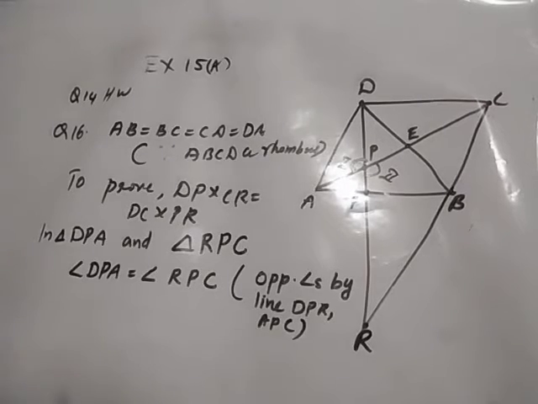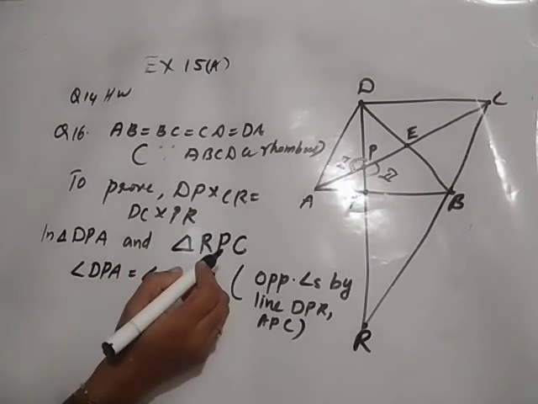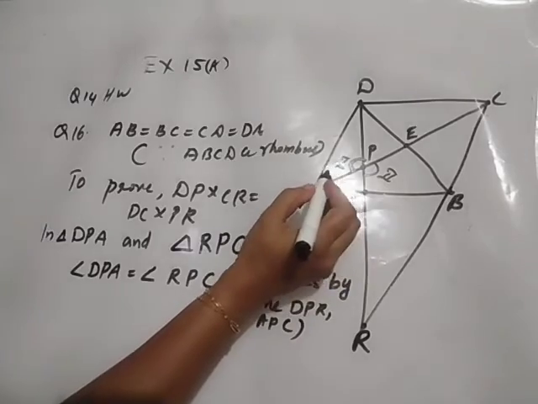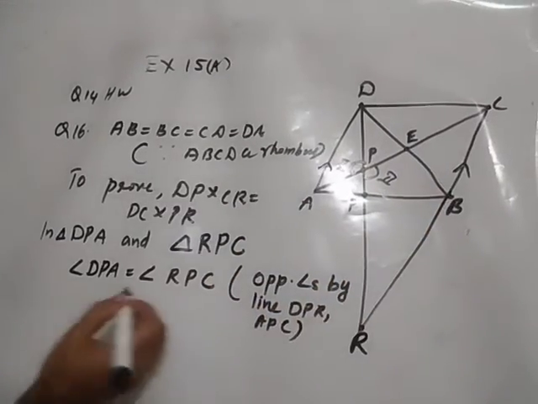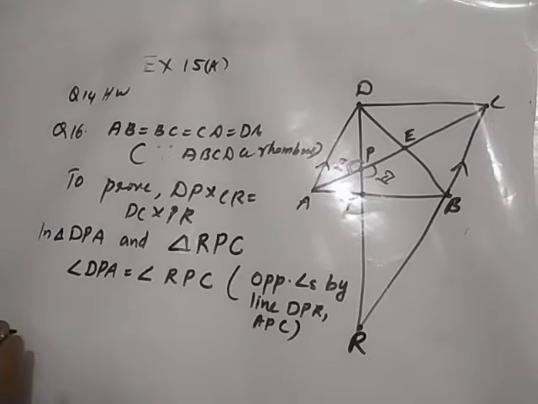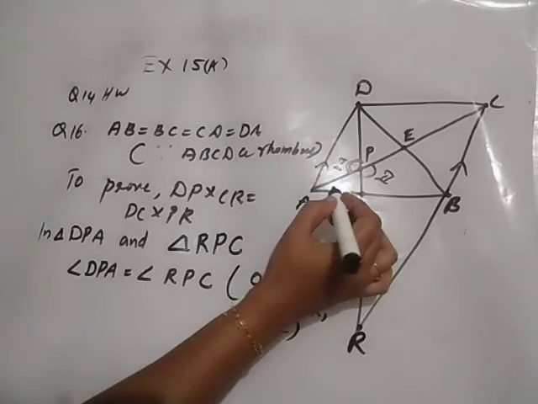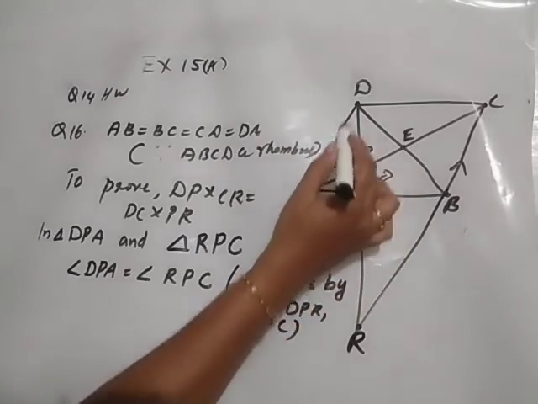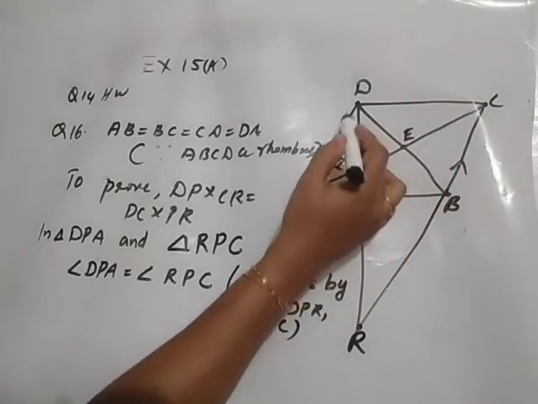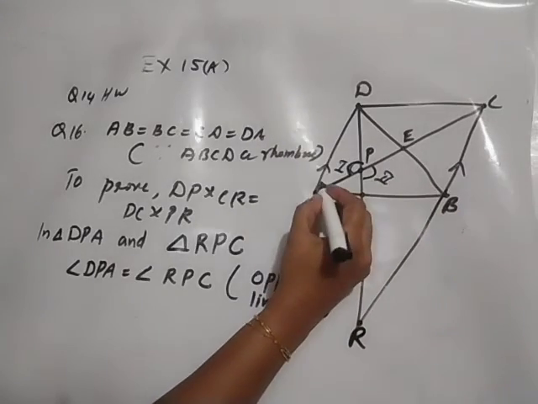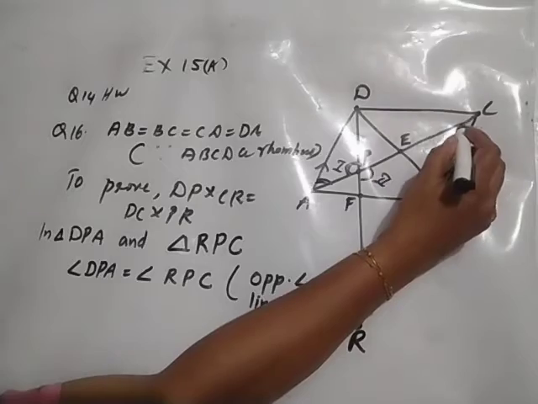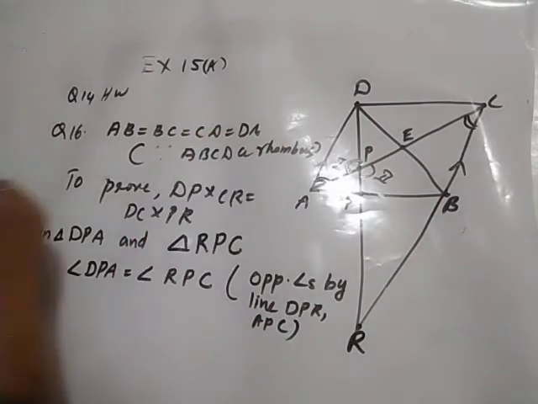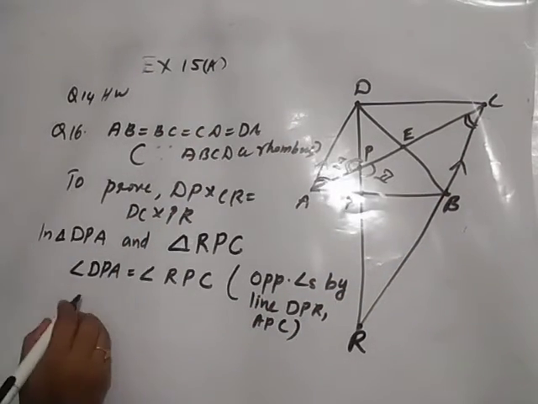Okay, so these two angles are equal. Similarly, look at these two sides, AD and BC. Not parallelogram, actually rhombus. In a rhombus, opposite sides are parallel and equal also. So what about this AC? AC is a transversal to these two parallel sides. What about these two angles? Are they equal? Yes, they are equal.